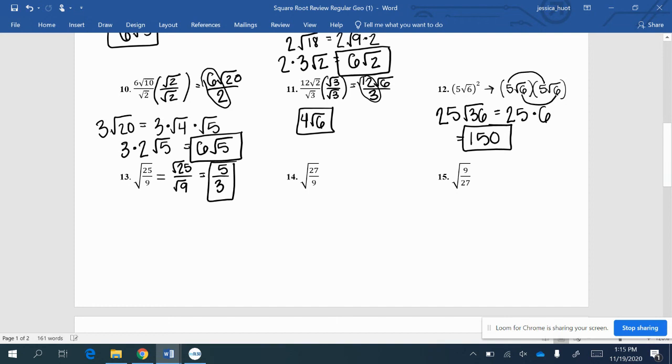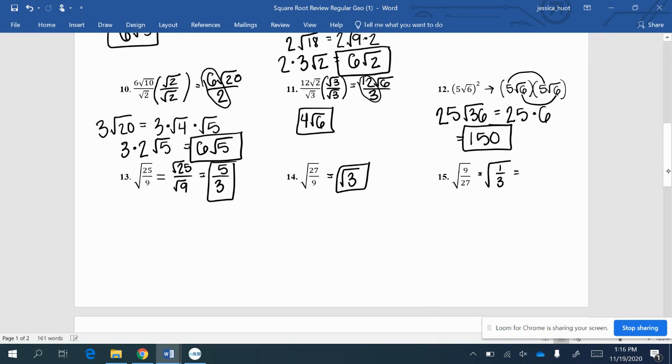Number 14, 27 divided by 9 is 3. So here is just going to equal the square root of 3. So you can divide on the inside of your radical first. So notice how I'm always checking that. So 9 divided by 27 is 1/3. So let's do the square root of 1/3.